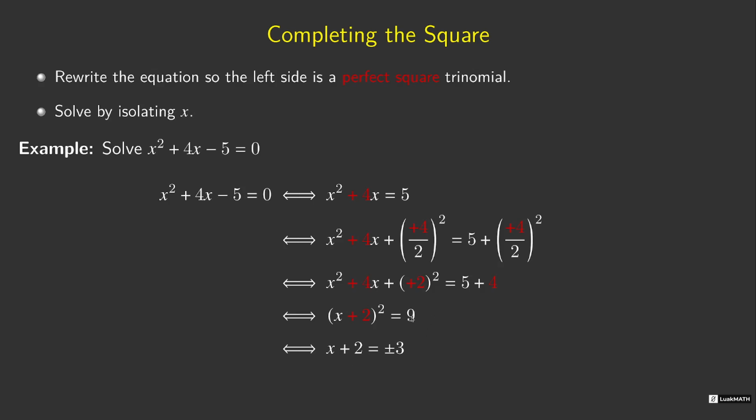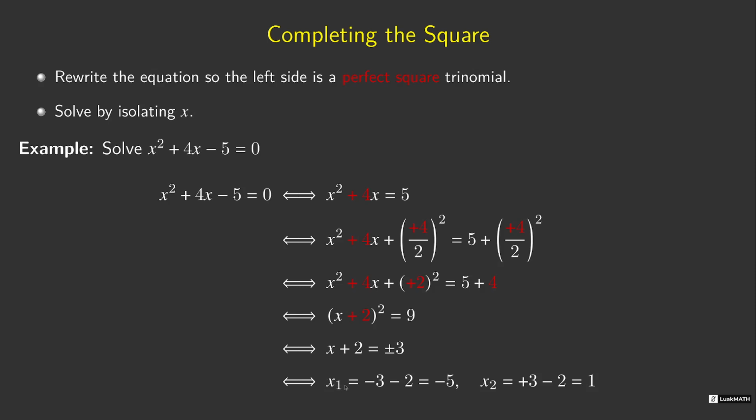Now on the right hand side, when I take the square root of 9, I get plus or minus 3. Okay, now what is left is just to move this 2 to the right hand side, which now becomes, this 2 right here has a plus sign on it, so when you move it to the right hand side, you gain a minus sign.